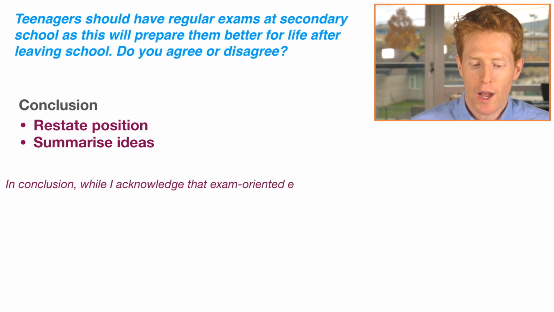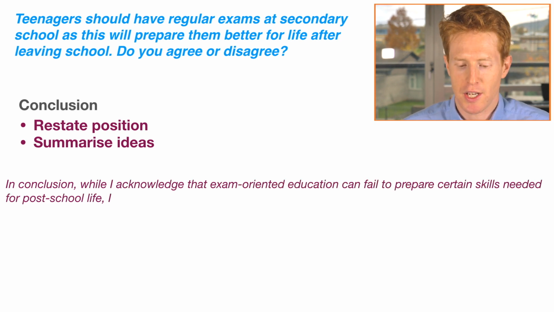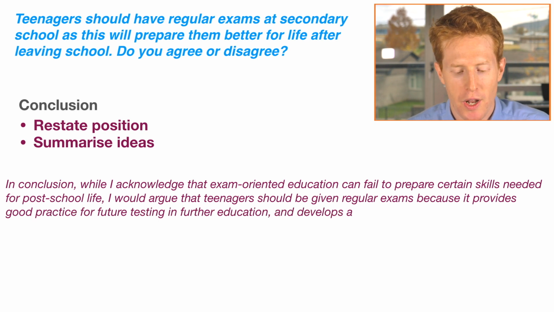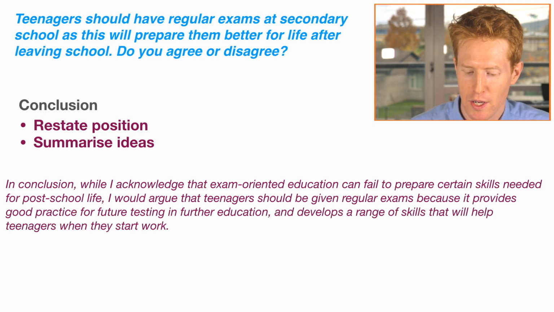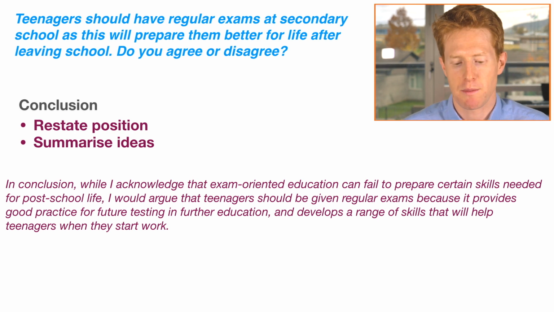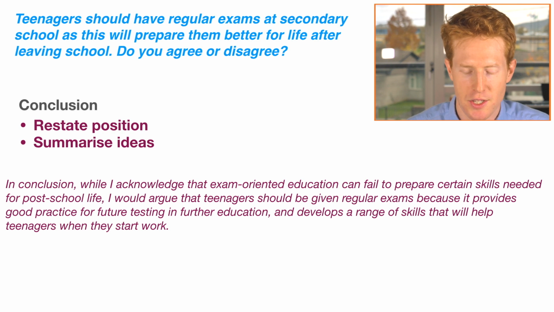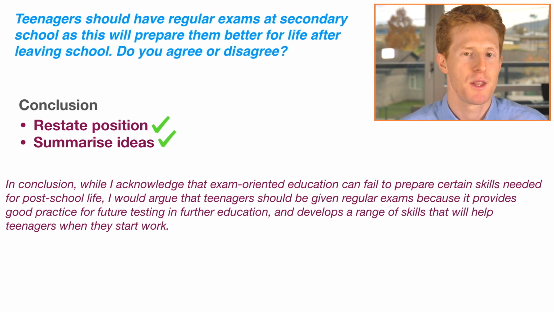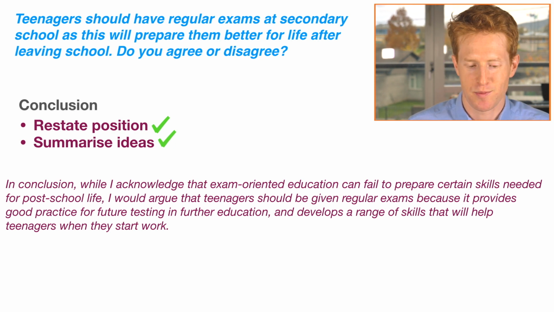In conclusion, while I acknowledge that exam-oriented education can fail to prepare certain skills needed for post-school life, I would argue that teenagers should be given regular exams because it provides good practice for future testing in further education and develops a range of skills that will help teenagers when they start work. Okay, so we've restated our position and we've summarized the main ideas of our essay.